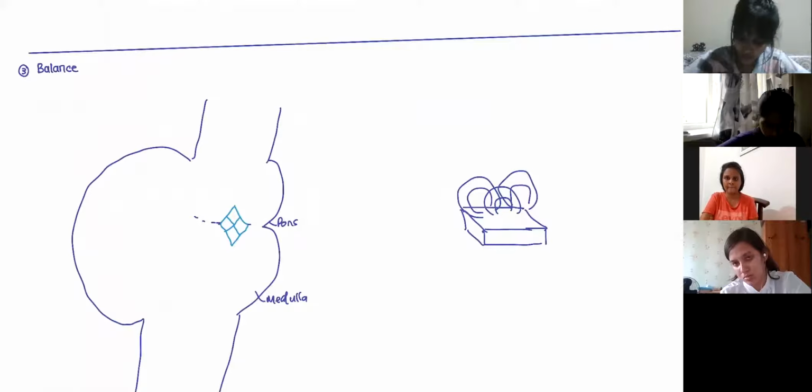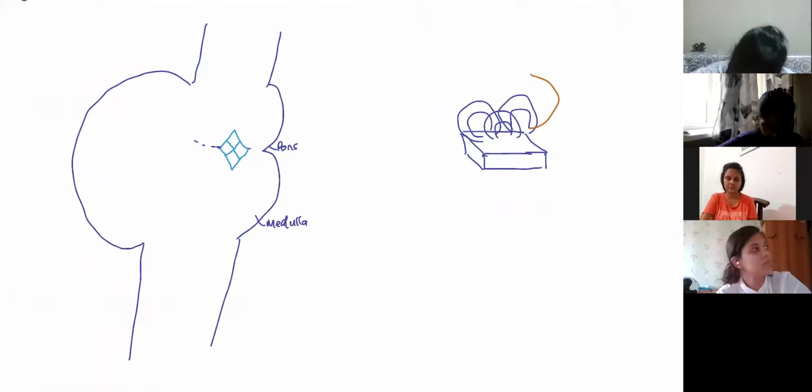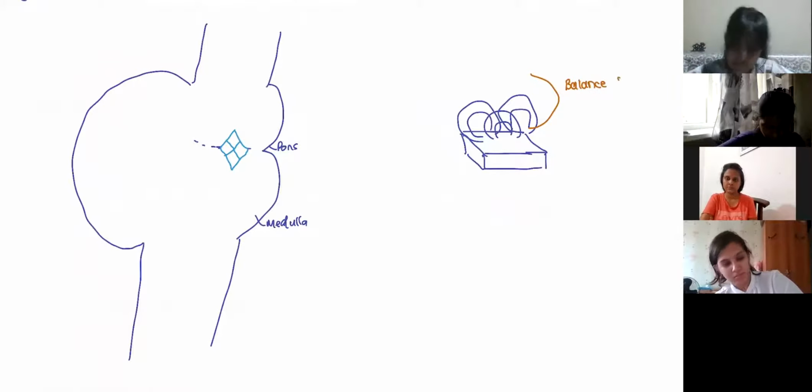I'm going to tell you why right now. So we have fibers that come from the semicircular canals, these are balance fibers. Balance signal.